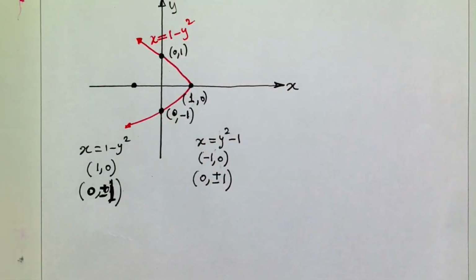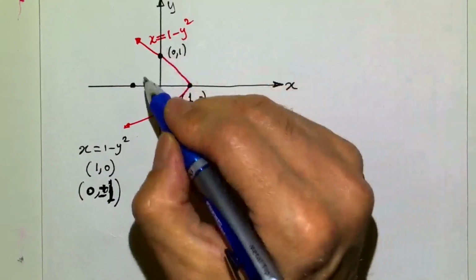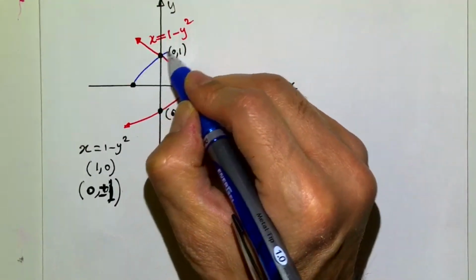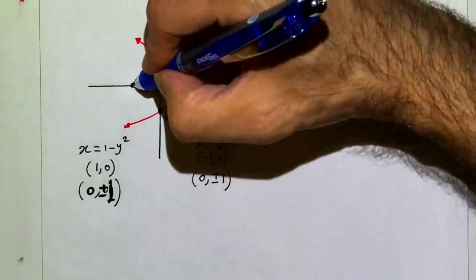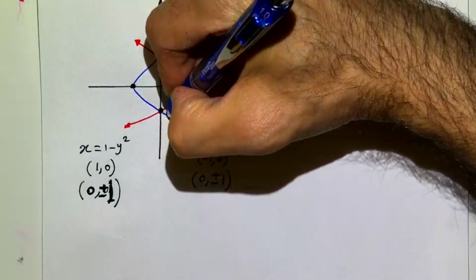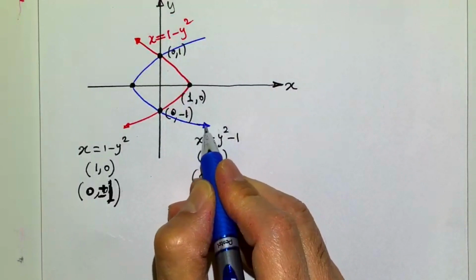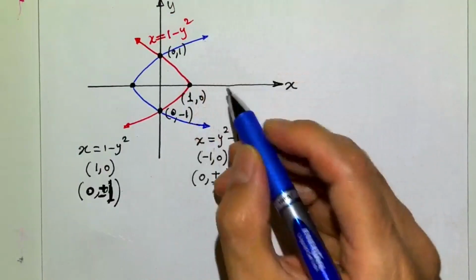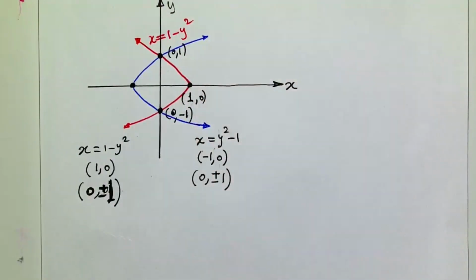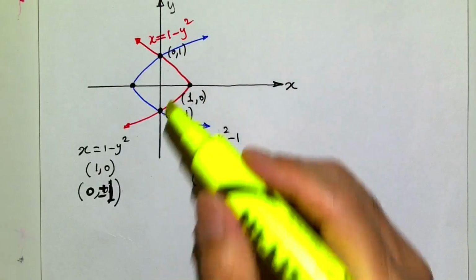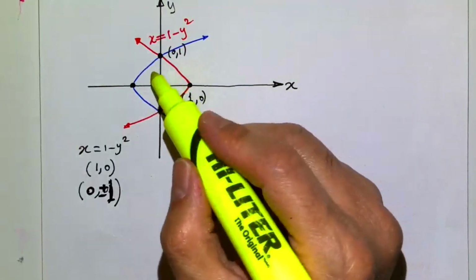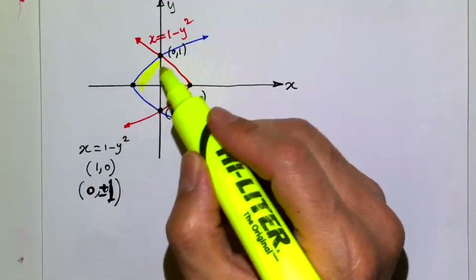Let me draw that like that and like that. Now it's clear that the area we need to calculate between these two curves is this area.